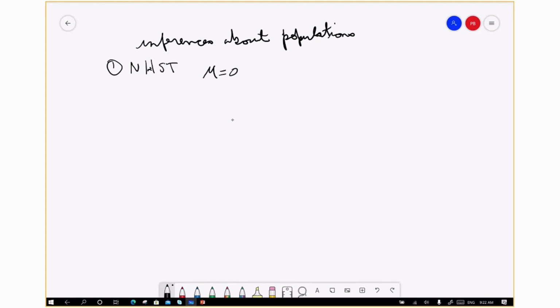So we went out there and we took our sample of size n equals 9. We determined y bar was equal to 1.0, that s was equal to 1.2. We calculated our particular value of t, which is y bar minus mu over s divided by the square root of n. We got 2.5.